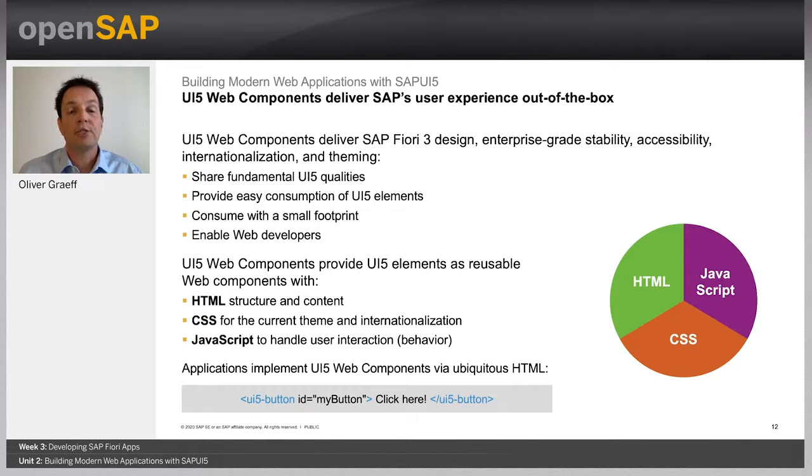It comes with HTML and CSS, meaning the UI5 web components can bring up visual elements on the screen. And it also comes with JavaScript, so there's also some behavior. Imagine a user who has to pick a date on a screen. So you get a date picker, and you also have some behavior. For example, in the date picker, you can page to the next month or next year.